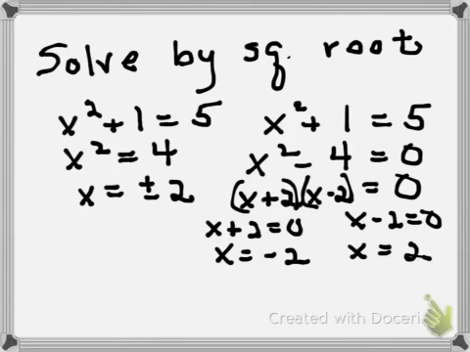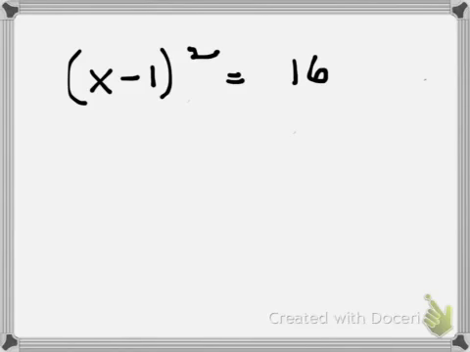Okay, let me take one other problem by square root. I don't want to go quite that far. All right, so let's take this one. I don't want to multiply this out, x minus 1 times x minus 1 by FOIL. I now say it looks as if this would work very well by square root.